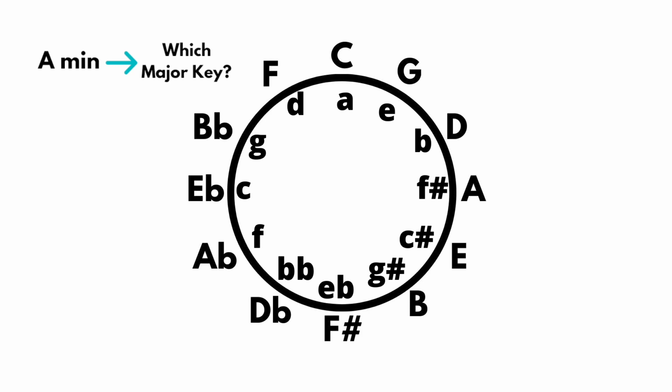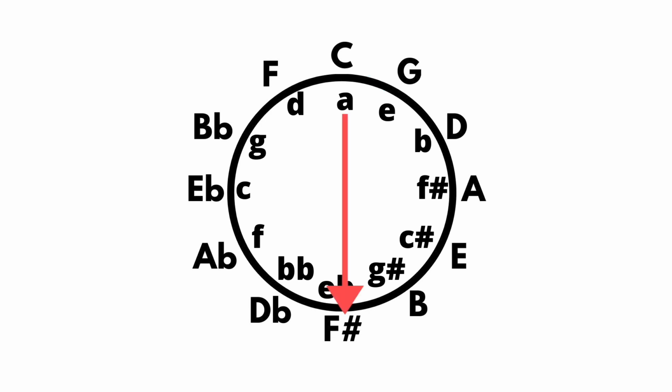So the most ideal transition would be from A minor to C major because they have the same exact notes. Switching from A minor to F sharp major would not be so great because these keys have many notes that are very different. And so this could cause a lot of harsh sounding tension since these keys are not closely related.